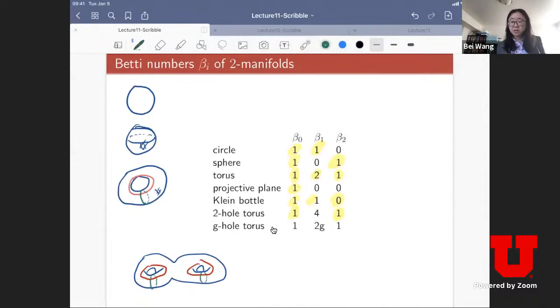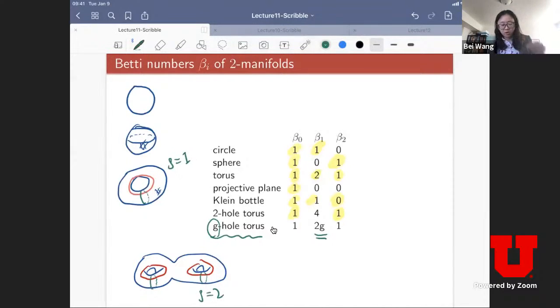It turns out if you have a G-hole torus, where G means the genus, which I'm going to define very soon, the number of loops it has is 2 times the genus. The regular torus is G equal to 1, and this is G equal to 2.